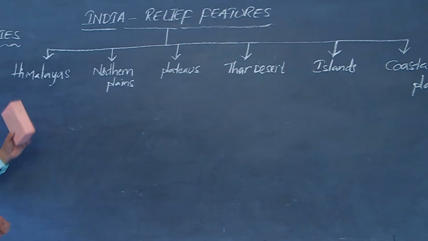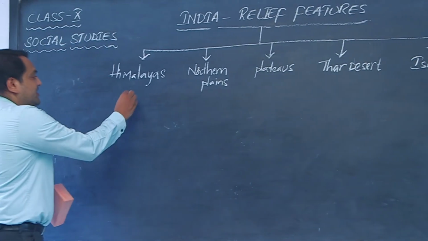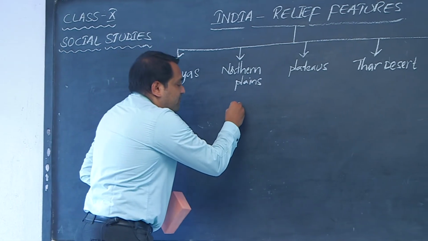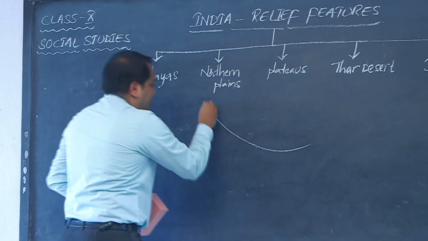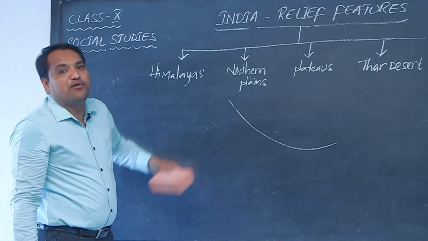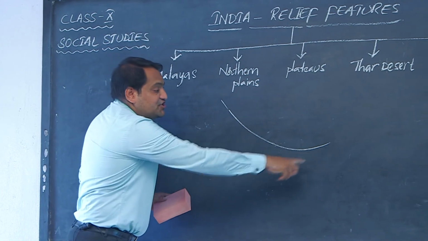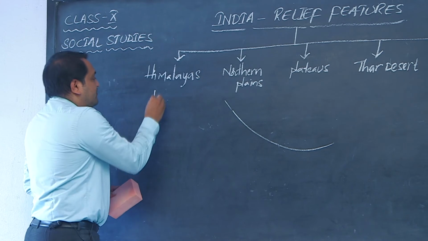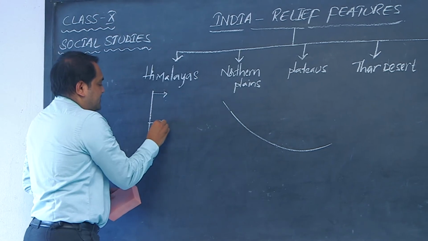Now, when we talk about Himalayas, the Himalayas are formed in a crescent shape. You can find the Himalayas in the northernmost tip of India in a crescent shape. There are three different types of mountain ranges.